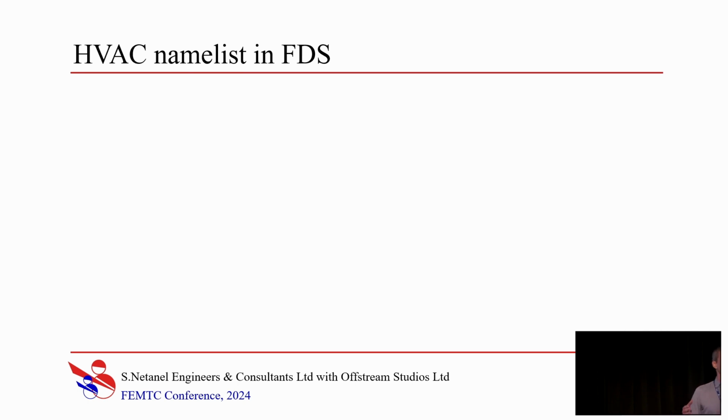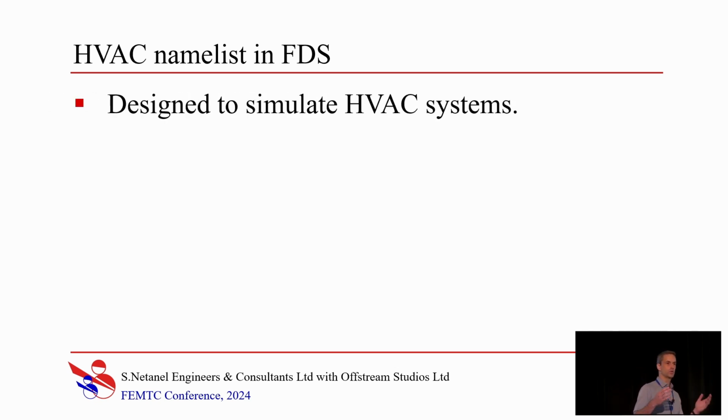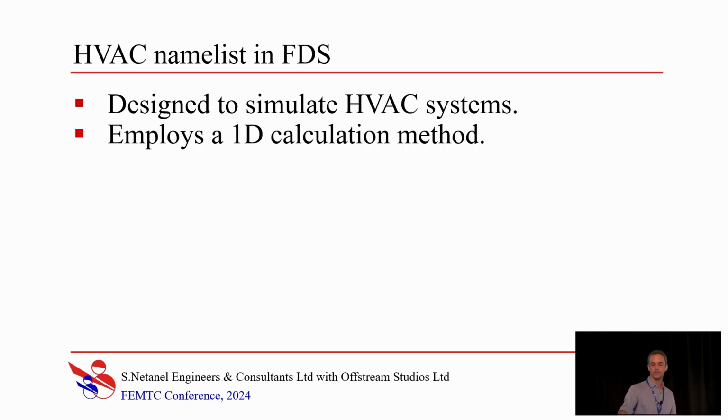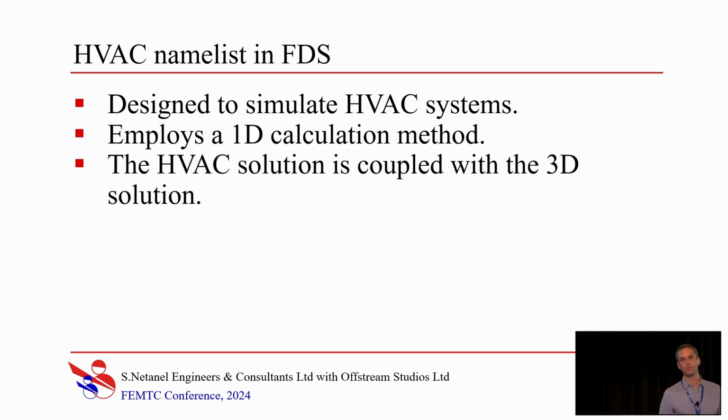To run these simulations, I used FDS, and FDS has the HVAC name list. HVAC stands for heating, ventilation, and air conditioning, and the HVAC name list in FDS was designed to simulate HVAC systems in a 3D model. So you can put fans, dampers, ducts, vents, everything you need for ventilation systems. It uses 1D calculation, and it is solved simultaneously with the 3D model, so it's a good candidate for the multiscale approach.